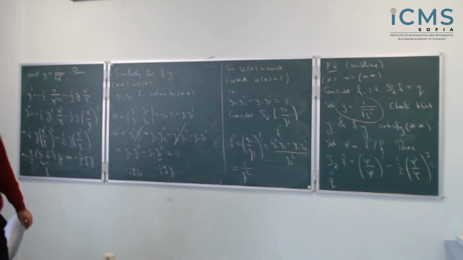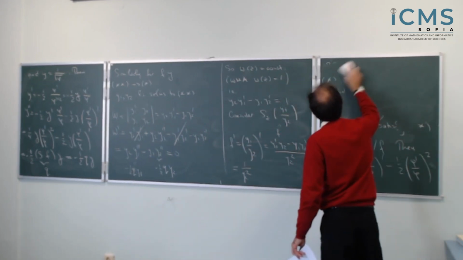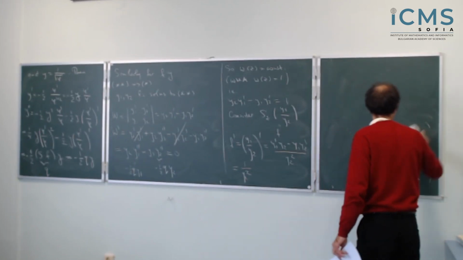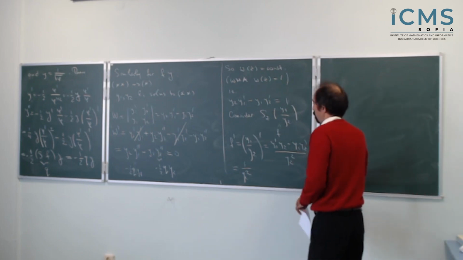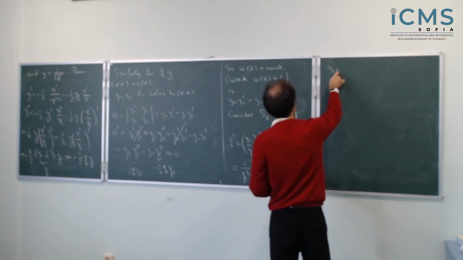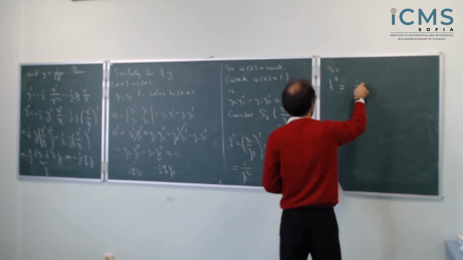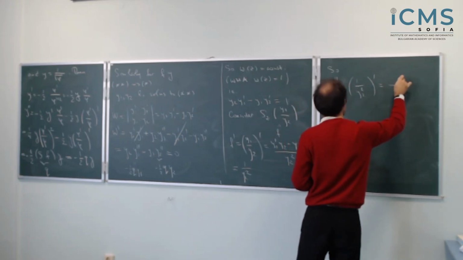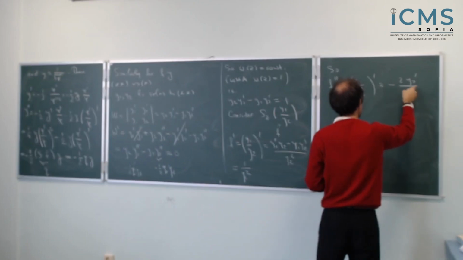Then we work out the second derivative. So f double prime, now that we know this, is minus 2 y2 prime over y2 cubed.